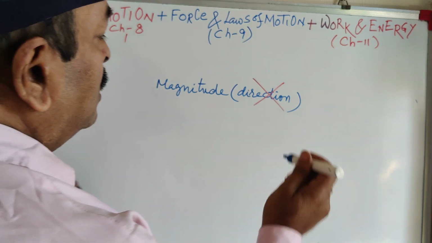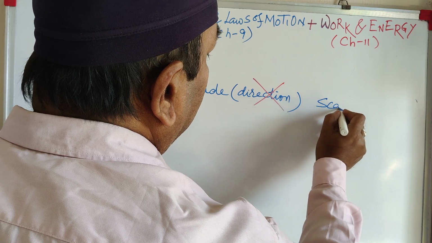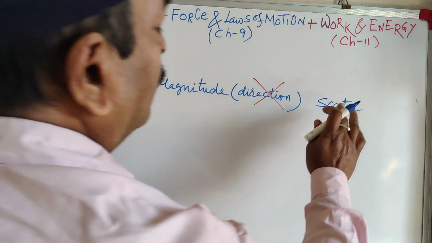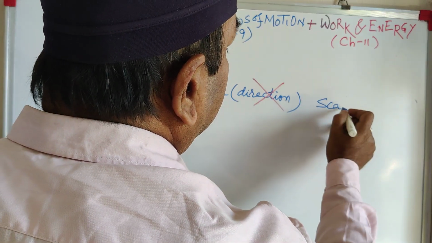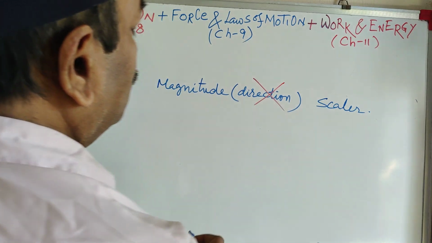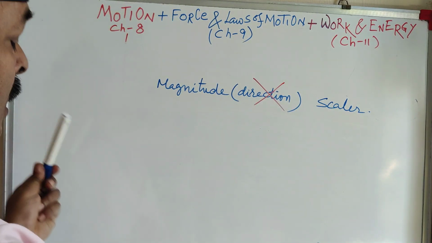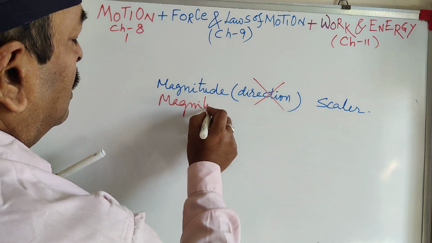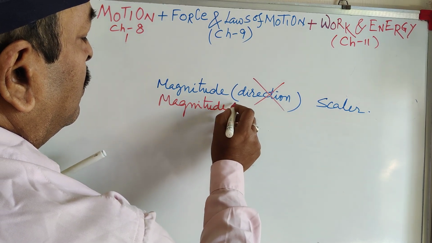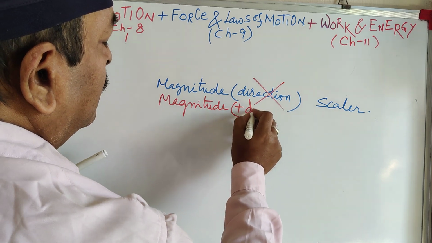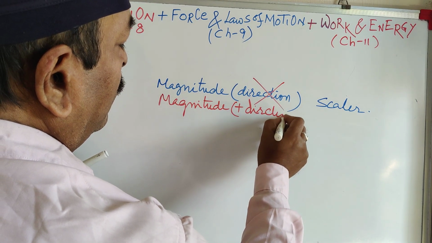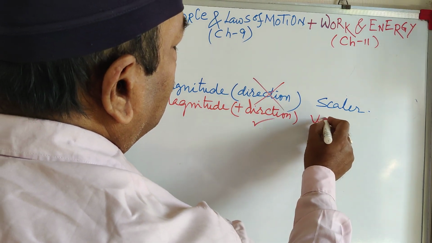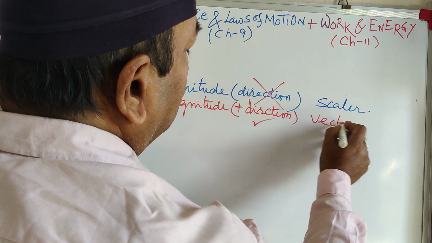So this is called a scalar quantity. And when it is magnitude plus direction, yes, direction is there, then it is called a vector quantity.